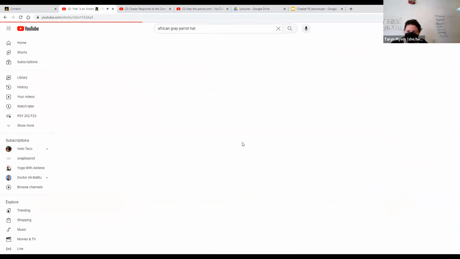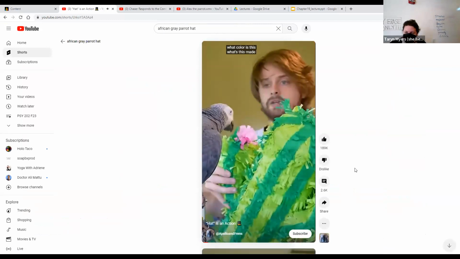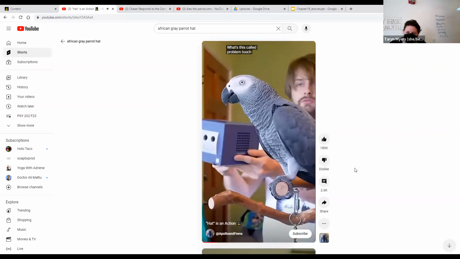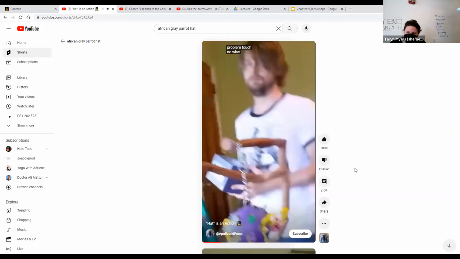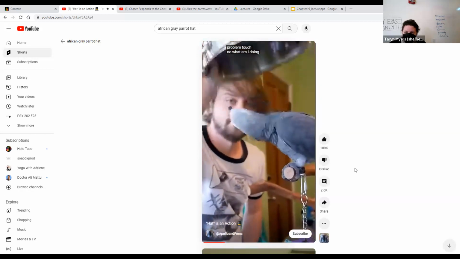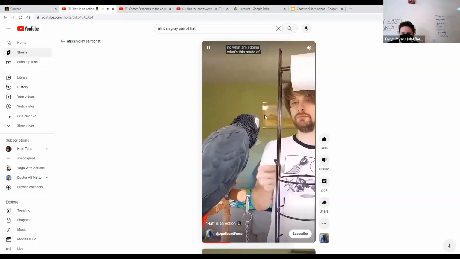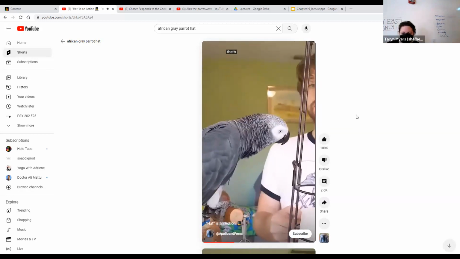What color is this? Black. What's this made of? What's this called? What am I doing? Hat. What's this made of? If they put anything on their head, it's hat. That's right. Good boy.